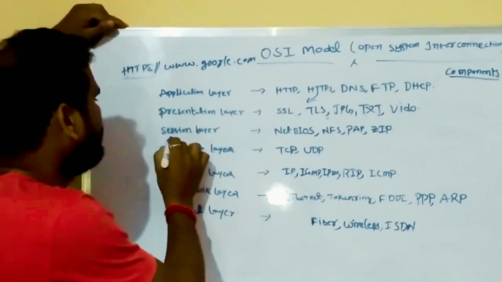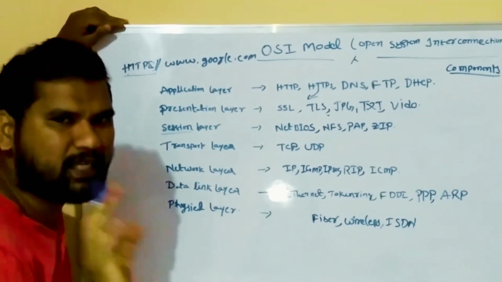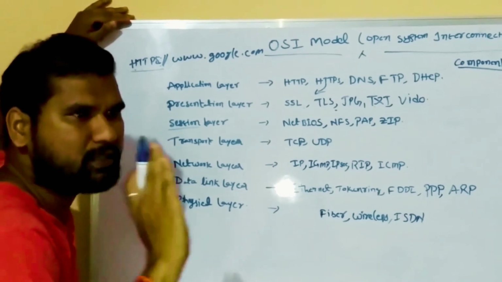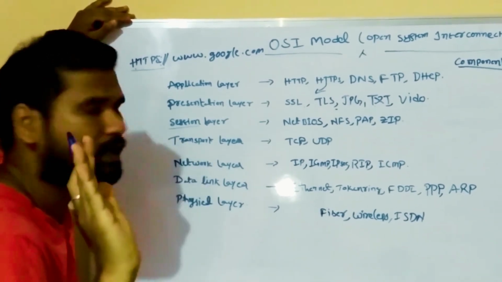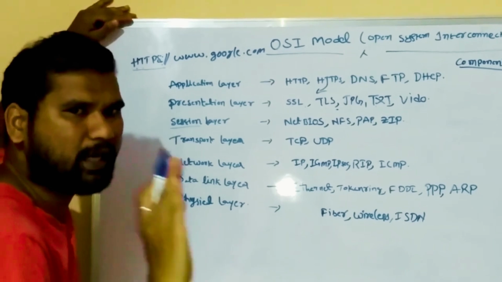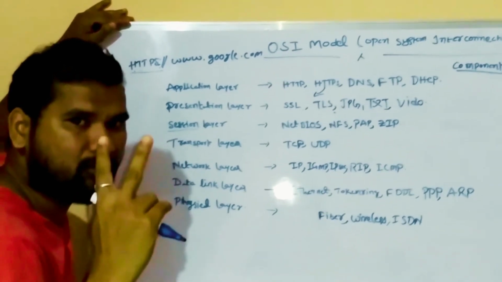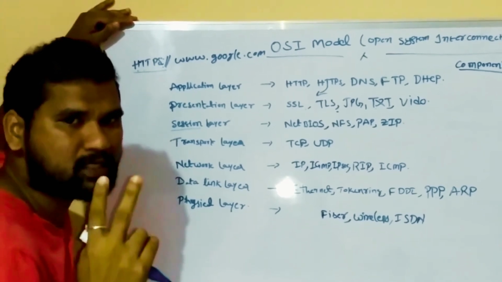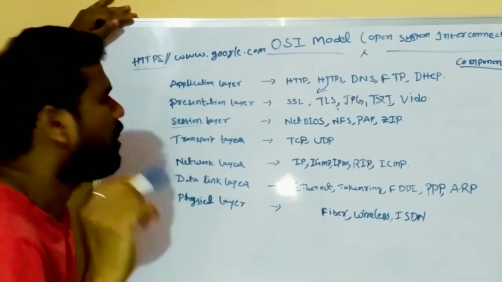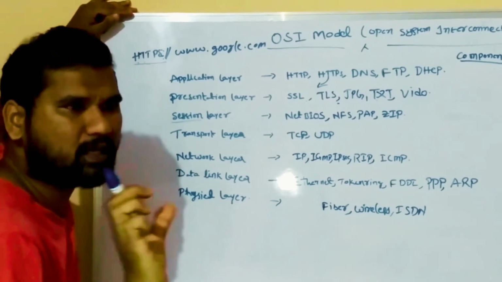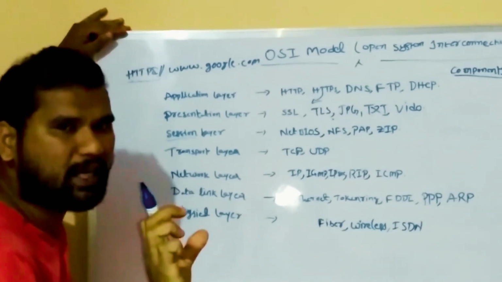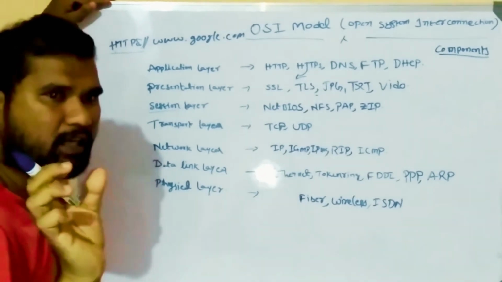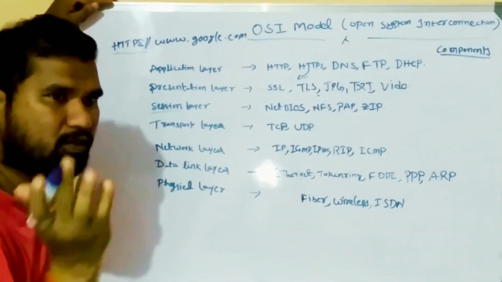After that, going to the session layer. Session layer means a session will be established, from server to client and client to server. Two types of sessions can happen. One is half duplex, the second is full duplex. Half duplex means communication only from client to server, but it cannot be sent from server to client.